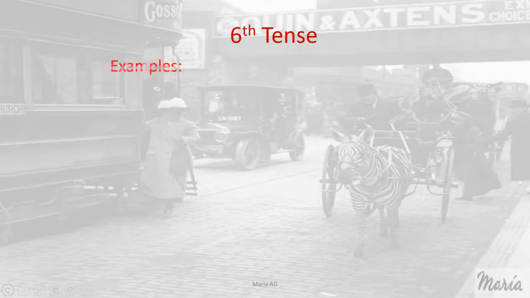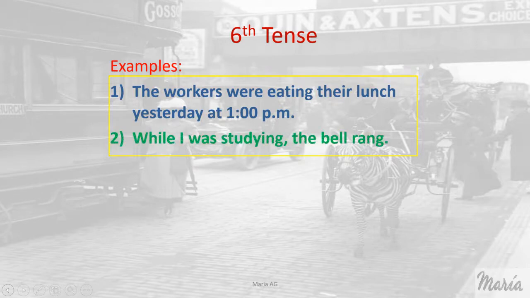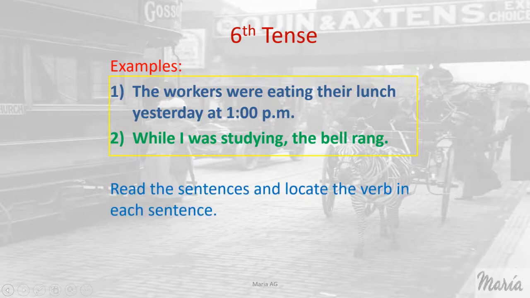Sixth tense. Examples. 1. The workers were eating their lunch yesterday at 1 p.m. 2. While I was studying, the bell rang. Read the sentences and locate the verb in each sentence.